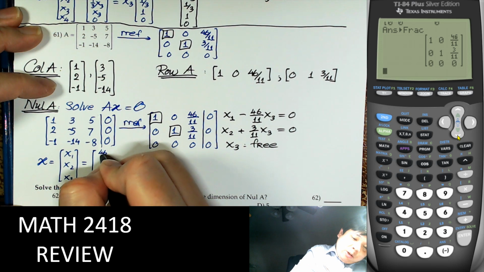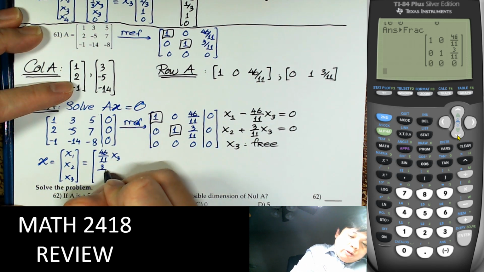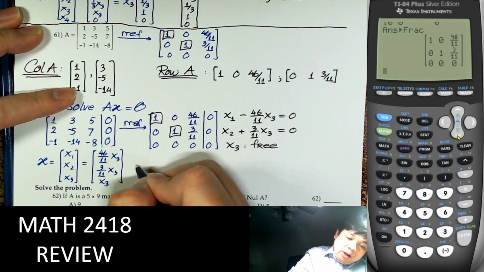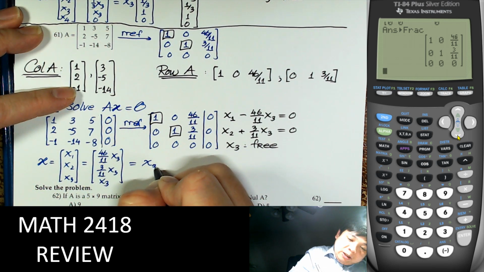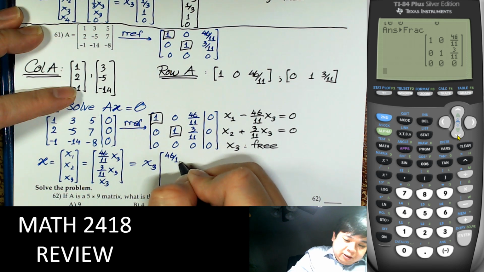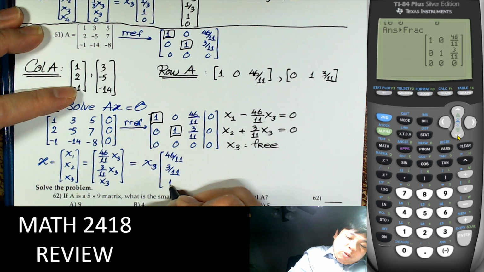We have 46 over 11 x3, 3 over 11 x3... wait, with the signs moved over, and x3 is just itself. Now factor out x3, we have 46 over 11, 3 over 11, and 1.